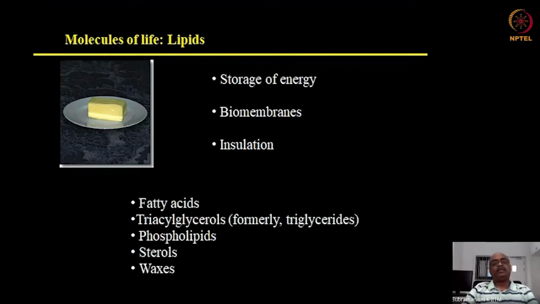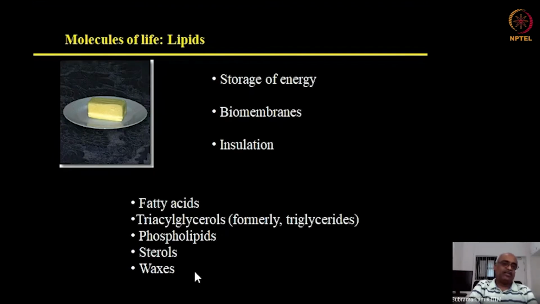And these fatty acids, when you esterify them with an alcohol, a sugar alcohol, you get what are called triacylglycerols. And to them, if you add a phosphoric acid, you get phospholipids. Then there are some aromatic rings called sterols, and then waxes. So these are the five major kinds of lipids we have.